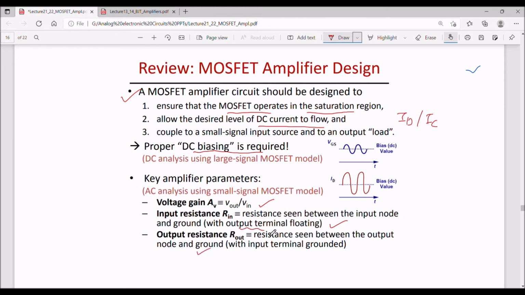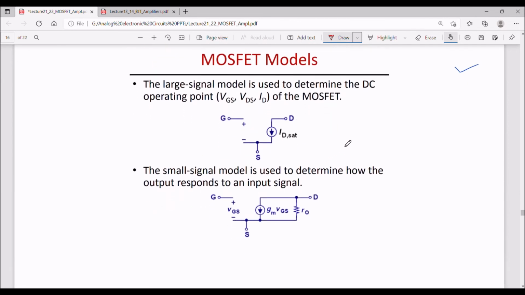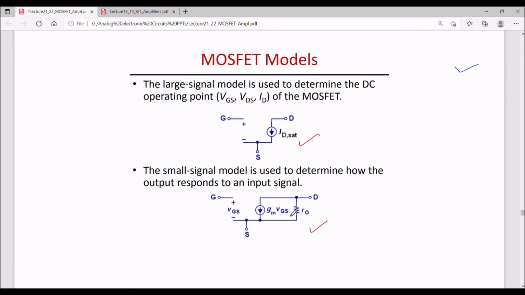Here the output terminal was floating and here it was grounded. This is how we had calculated the input and output resistances and the gain of our amplifier. Then for DC we had used this model, and for small signal AC we had used this model.